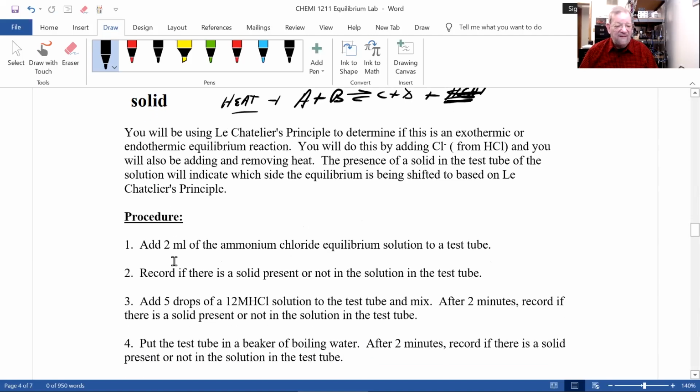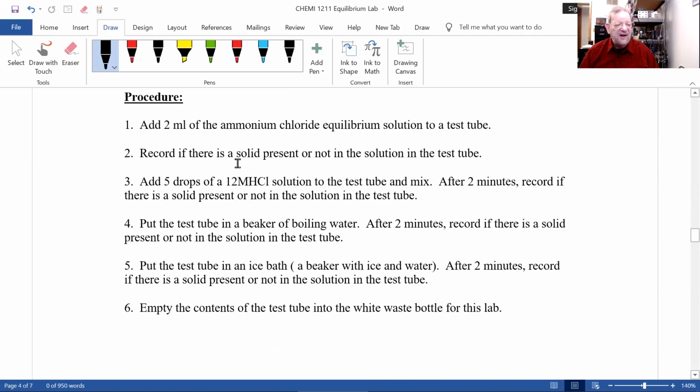Now, first of all, you'll take some ammonium chloride solution in a test tube, and you'll observe, is there a solid present or not? Which side is the equilibrium? You'll add 5 drops of the HCl solution. Remember, this is adding Cl minus, and you'll mix it and record whether or not you have a solid present.